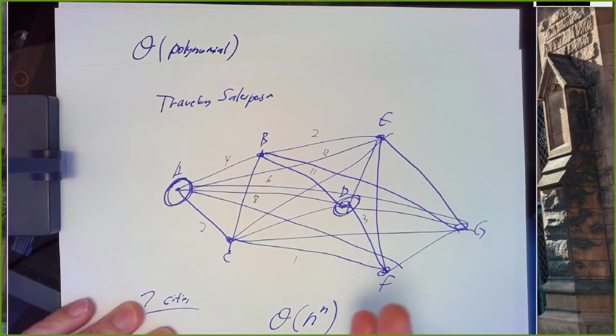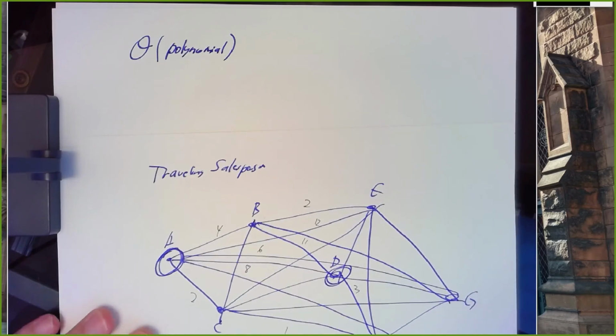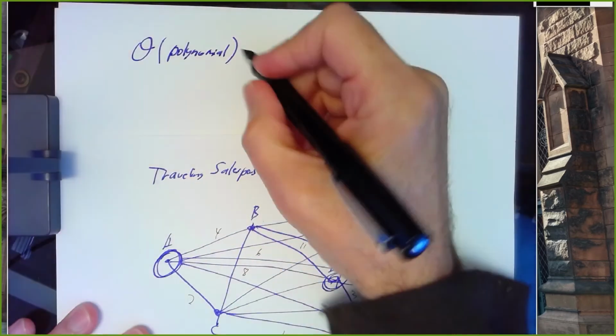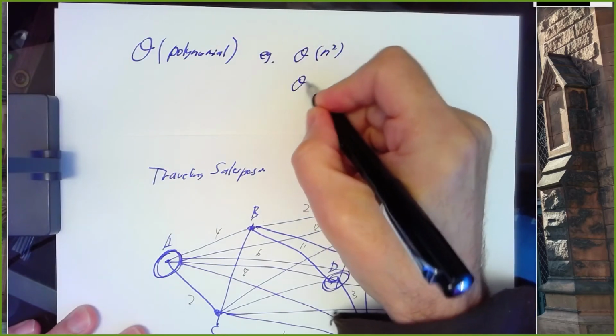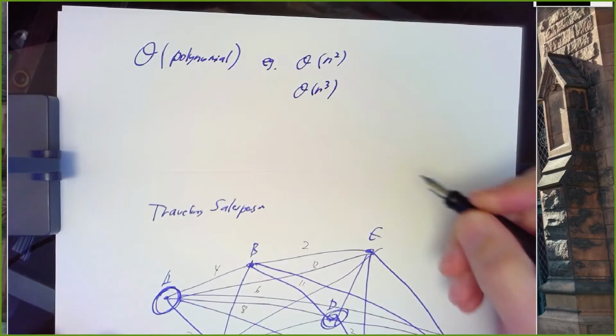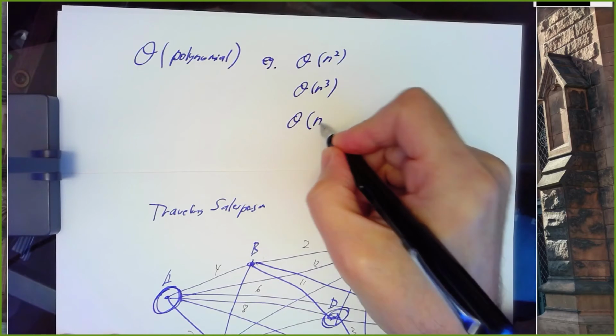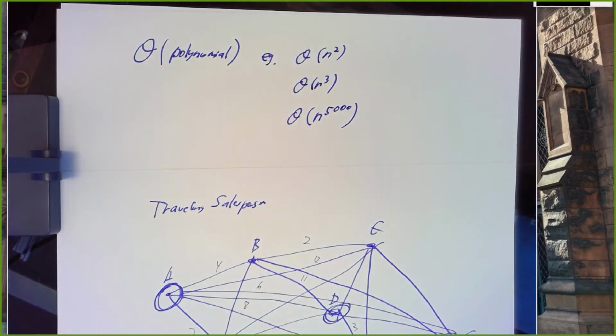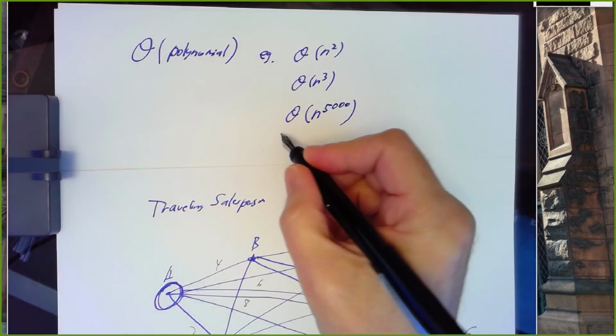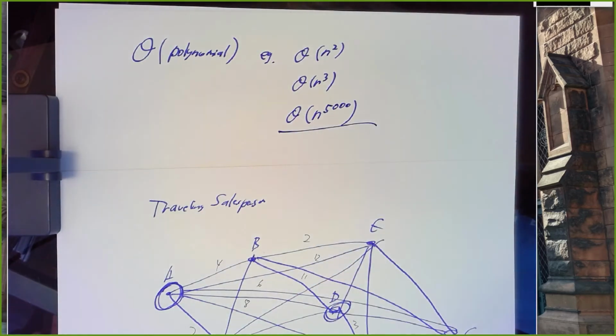Here n is the size of our problem. Can this be done in, for example, order n squared, or order n cubed, or even order n to the 5,000th? All of these are considered polynomial time.